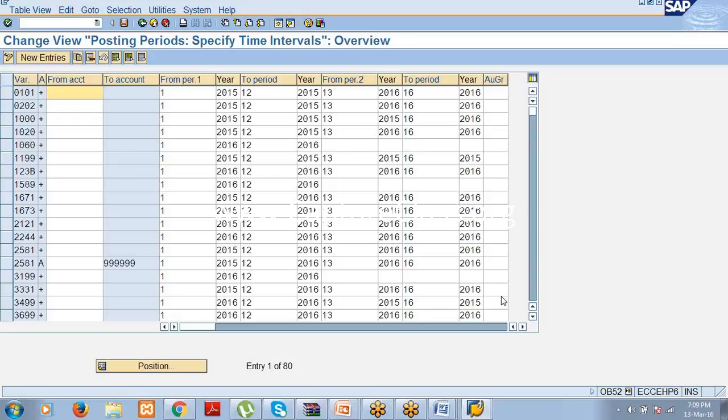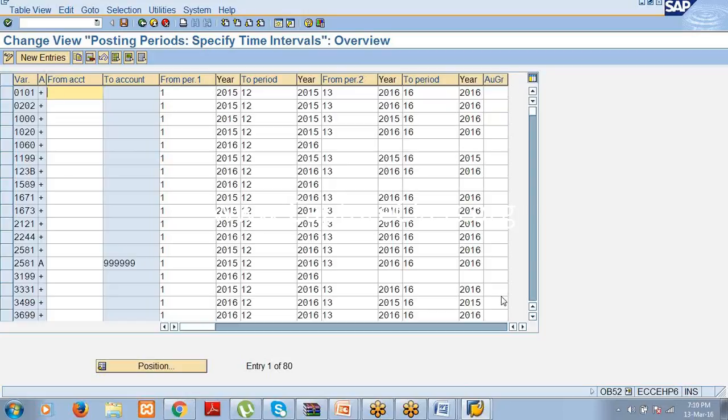SAP Easy Access is the end user screen. This is what I told you in the first navigation class. That's why I showed you that path also from the end user point of view. Clear, Giri? Yes, sir. Clear, sir.